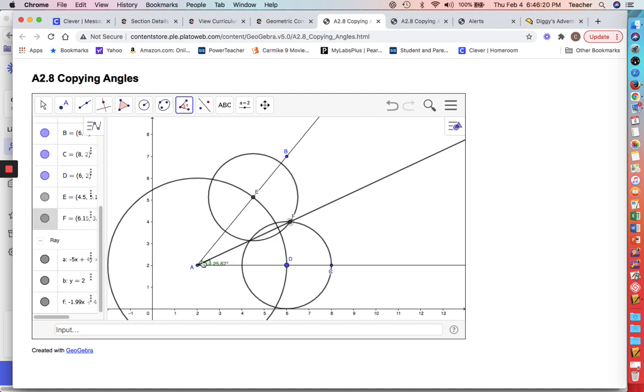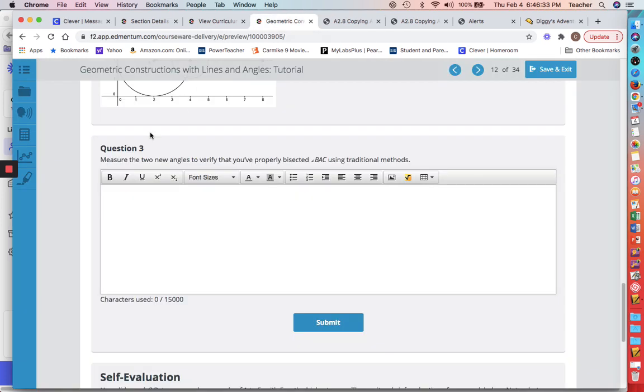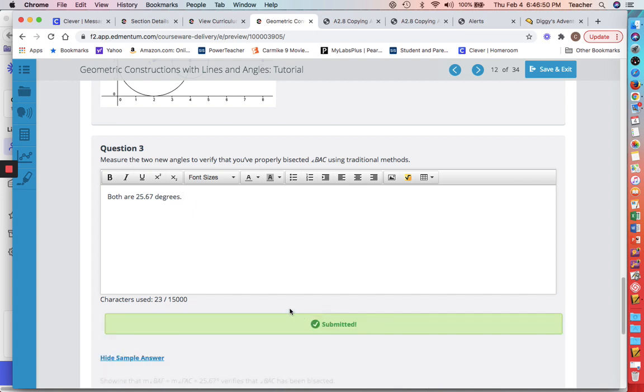Now click on F, A, B, and there's your other 25.67. I'll move it so you guys can see. And they are, in fact, equal to each other. Measure the 2 new angles, verify that it's been bisected. Yeah, both are 25.67 degrees. All right, let's submit that.